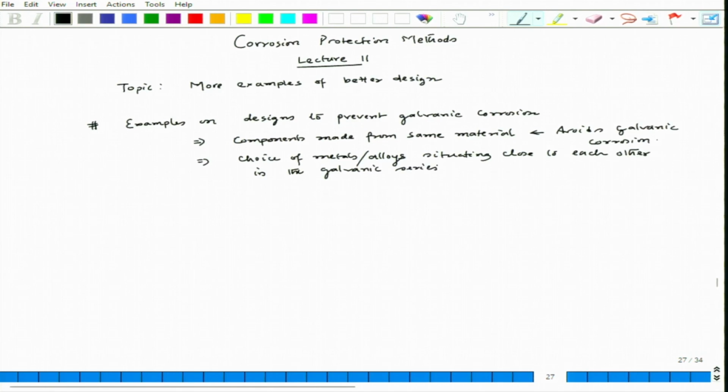That would actually reduce the severity of galvanic corrosion.